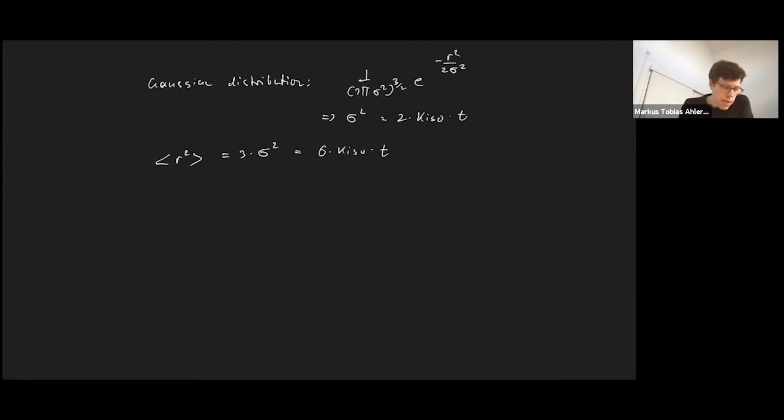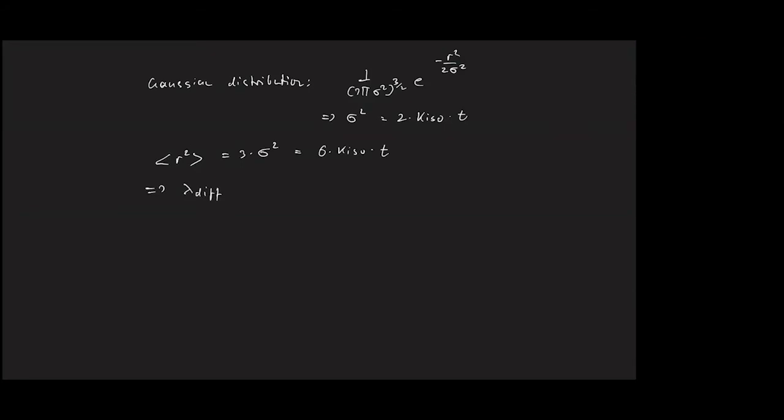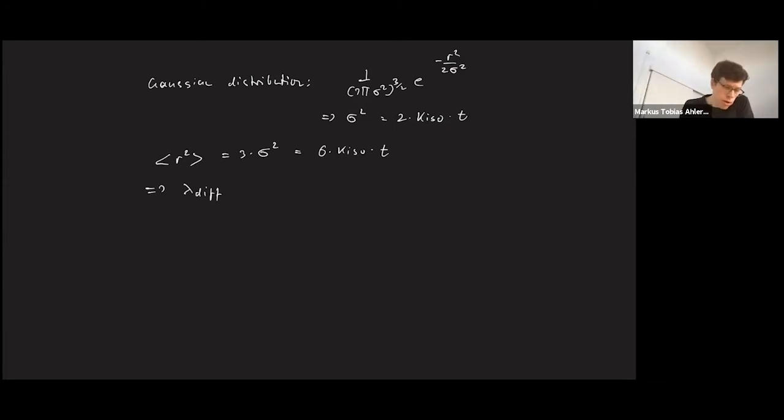So that means the average distance that a particle traverses in a time t in isotropic diffusion is going to be the square root of 6 times the isotropic scale times the time lag.